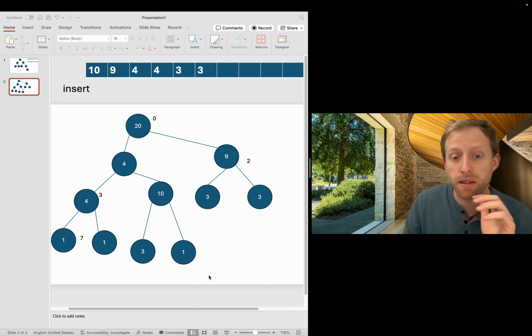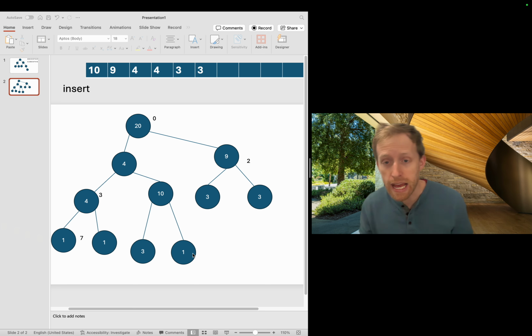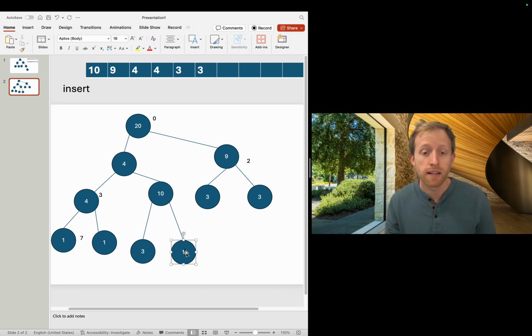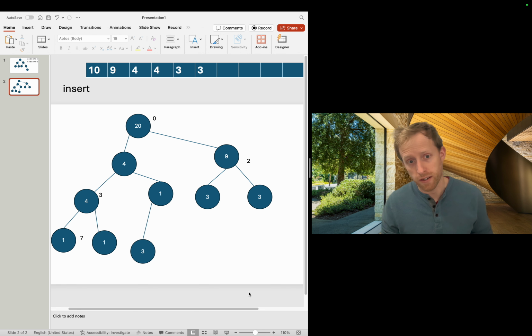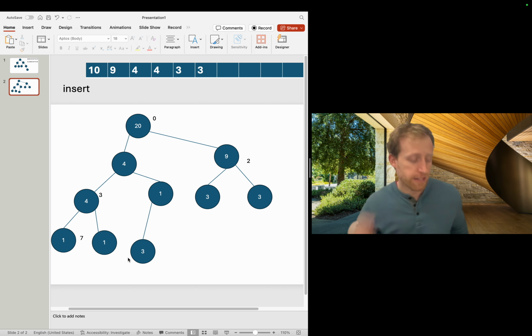Bring down the 10. Right. So if I bring down the 10 and I put it right here, then obviously I've got this case. When I delete this 10, it doesn't work, because this 1 is larger than this 3. So we're breaking that assumption.